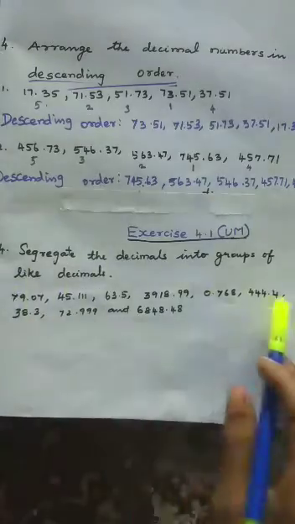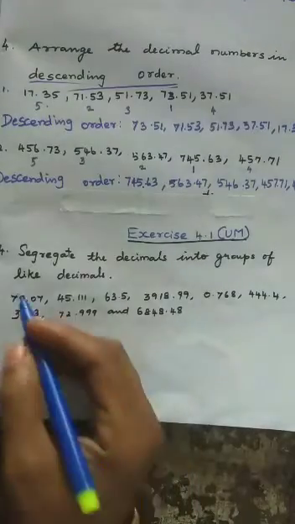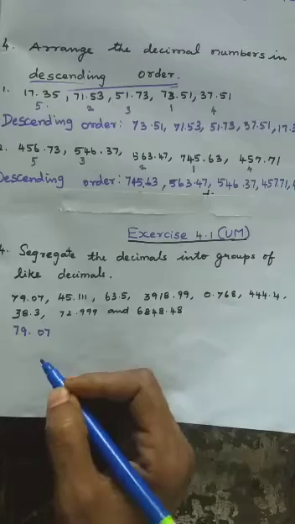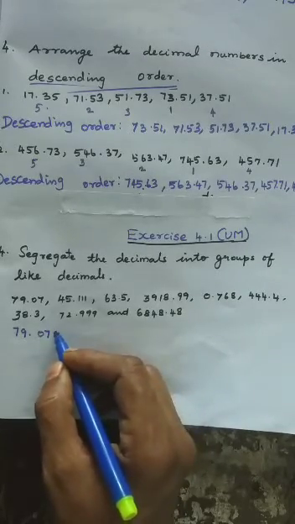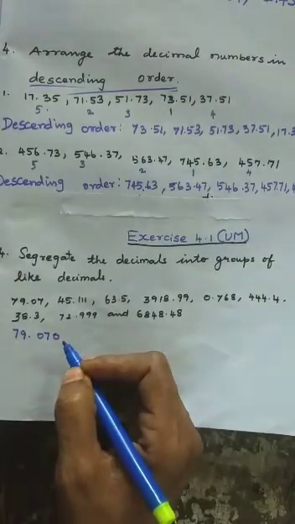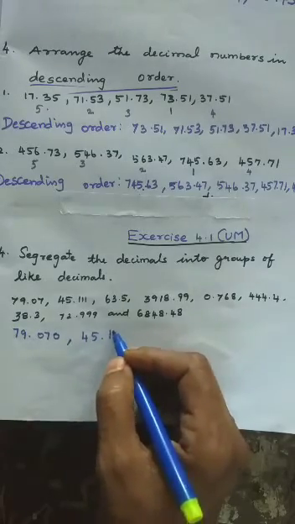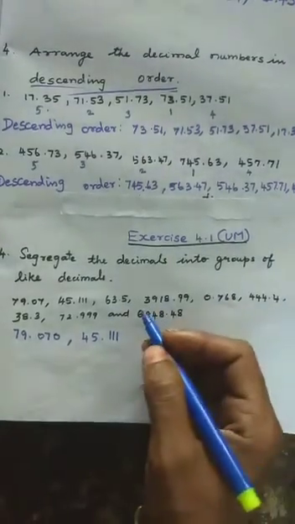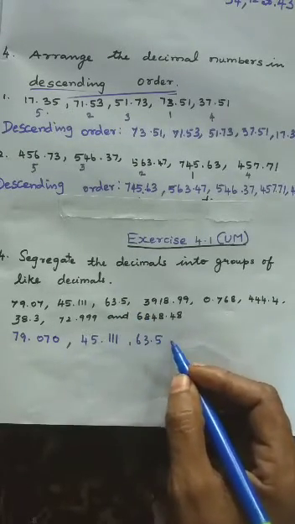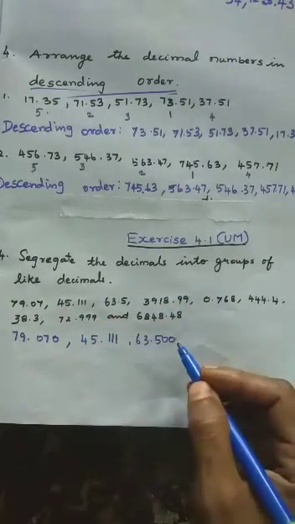So make all the numbers to 3 decimal places. First you take 79.07. You add 1 zero. Then it will have 3 digits after the decimal point. Next, already it is in 3 decimals. And next one, 63.5. Then add 2 zeros. We are making the numbers like decimals.